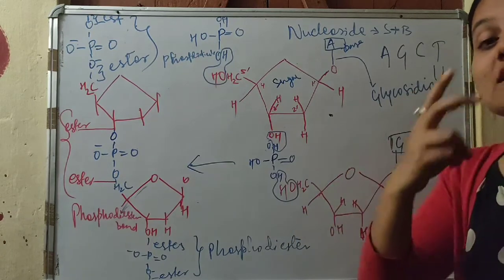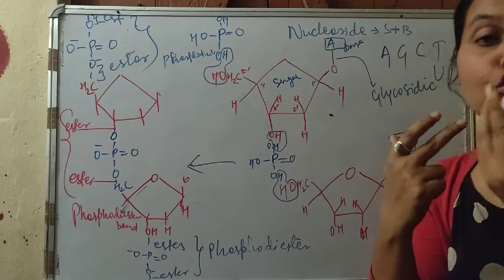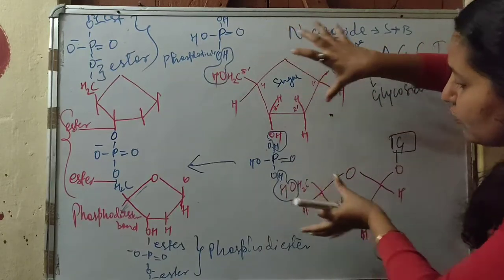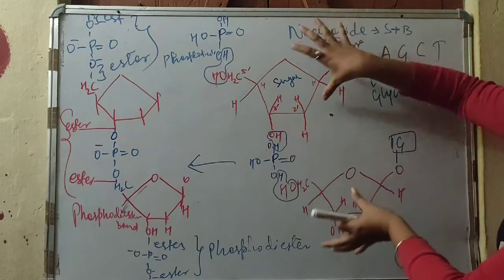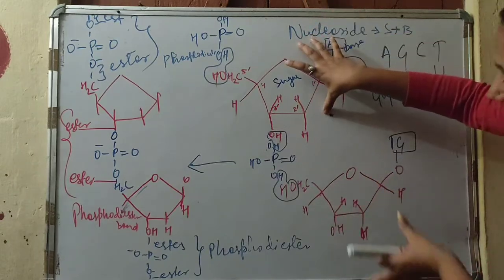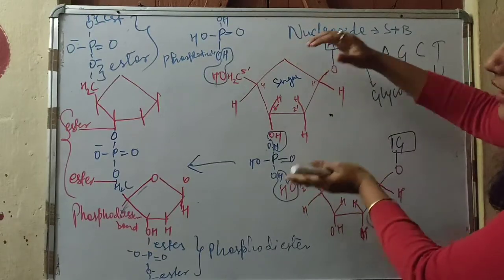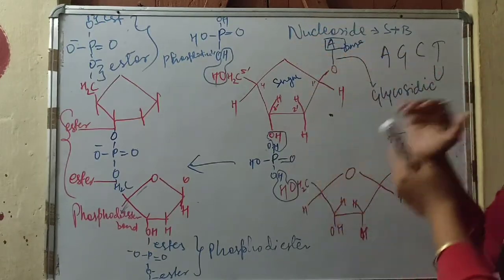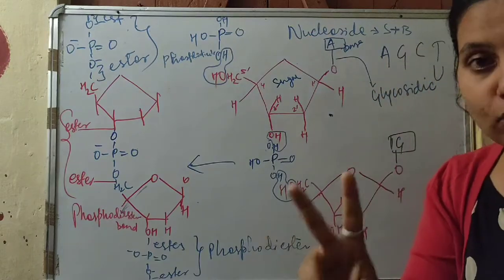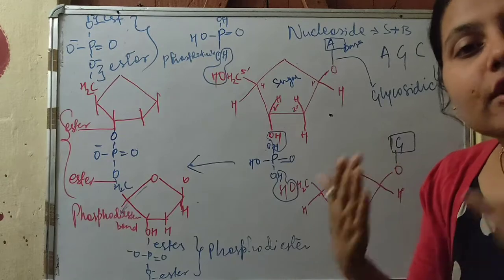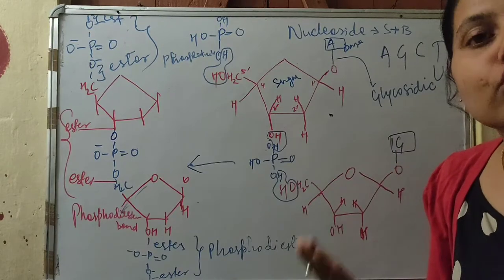And there will be the release of not one water molecule, but when the two nucleosides, this is one nucleoside and this is another nucleoside, bind with one another, there will be the release of two water molecules, and with the release of each water molecule there will be the formation of an ester bond, two ester bonds.